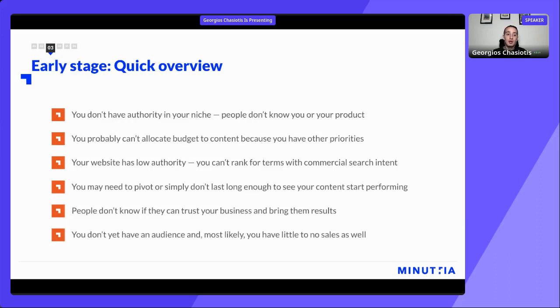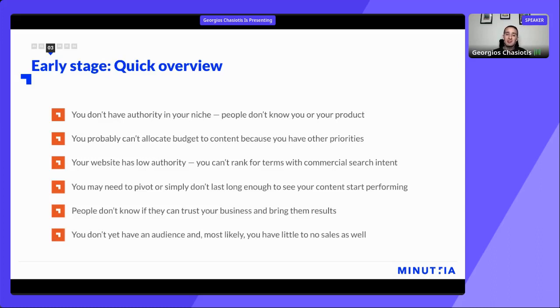You have to validate very specific things. You have to build your product and so on and so forth. Your website has a low authority, unless you are able to run expensive PR campaigns that most likely you are not. And you can't rank for terms with commercial search intent.